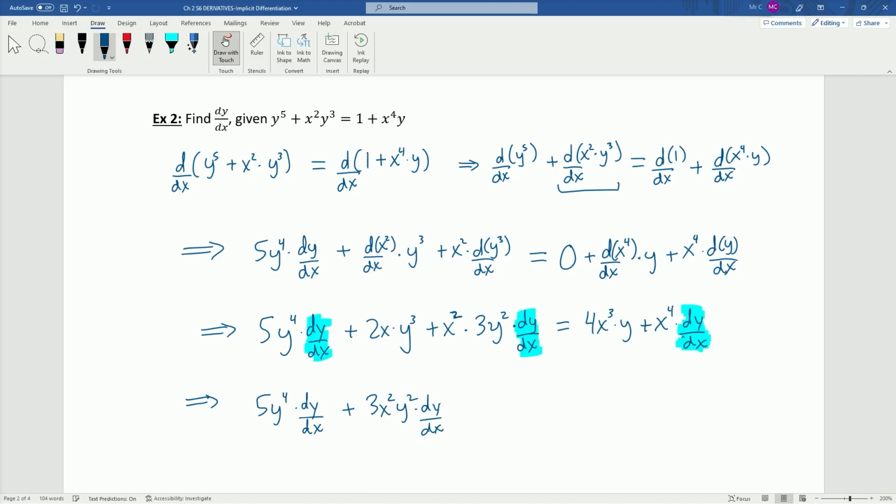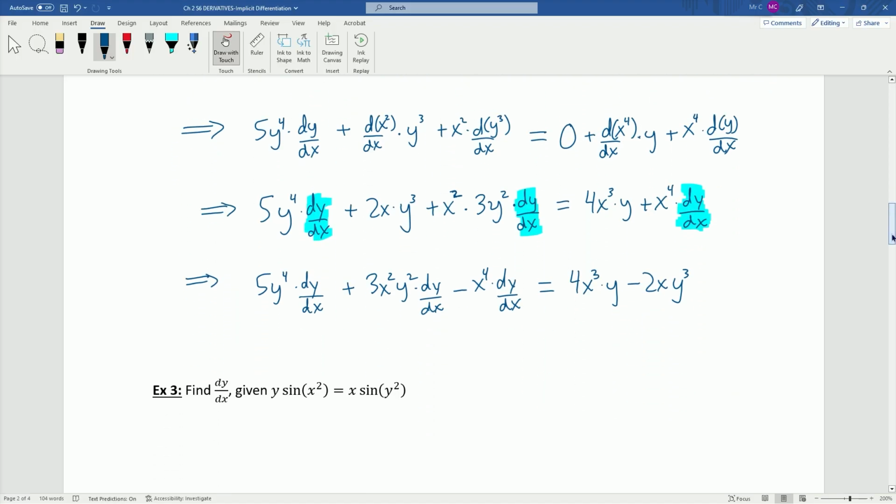And here, when I take this term and move it to this side of the equation, I've got to subtract it. And now I've got to take this middle term here and move it to the right side. So I get 4x cubed times y minus 2xy cubed. And we're doing pretty good here.